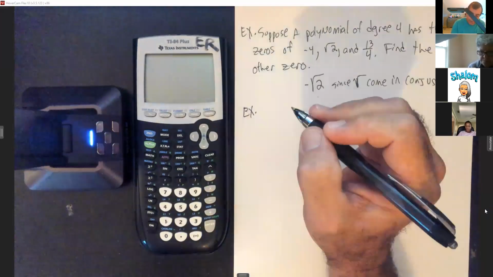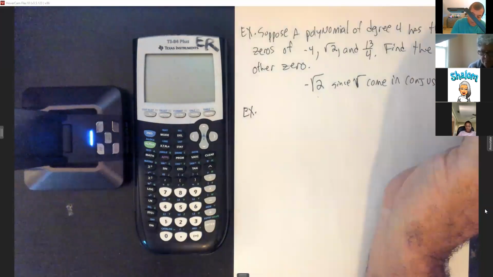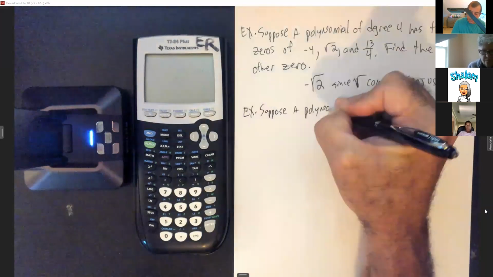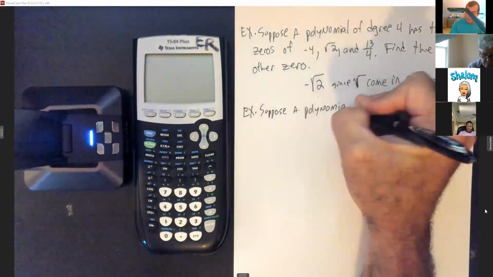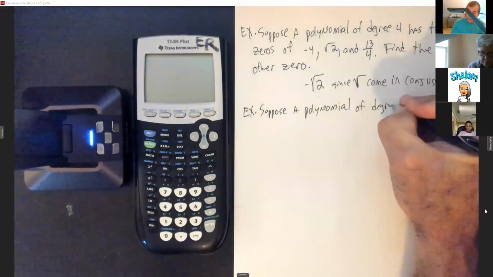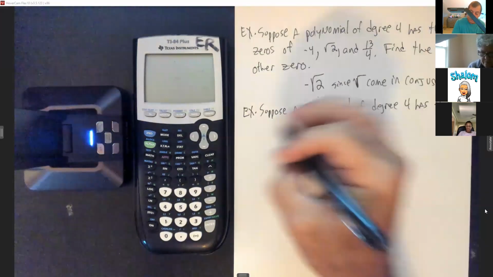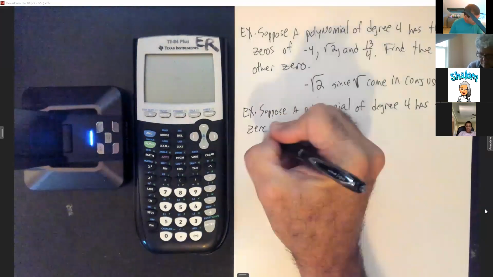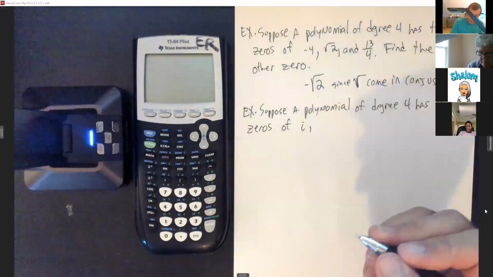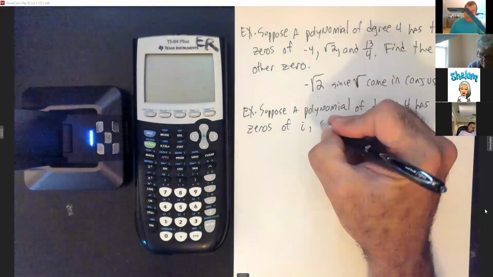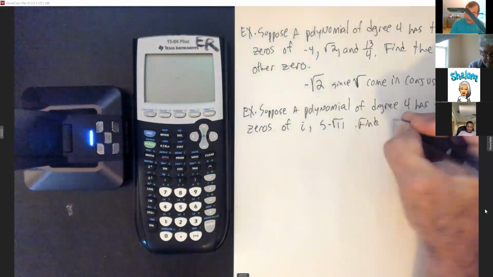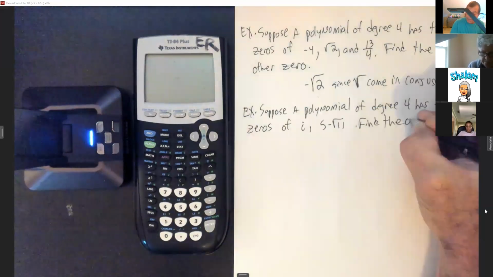So once again, suppose a polynomial of degree 4 has the zeros of i and 5 minus a square root of 11. Find the other zeros.